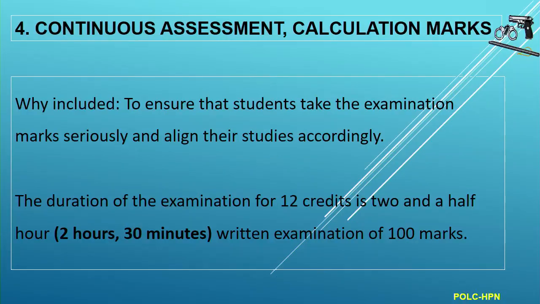Now, why do we want to explain the continuous assessment or calculation of the marks to you? To ensure that students take the examination marks seriously and align their studies accordingly. The duration of the examination for 20 credits of this subject is 2 hours 30 minutes, and it is a written exam consisting of 100 marks.